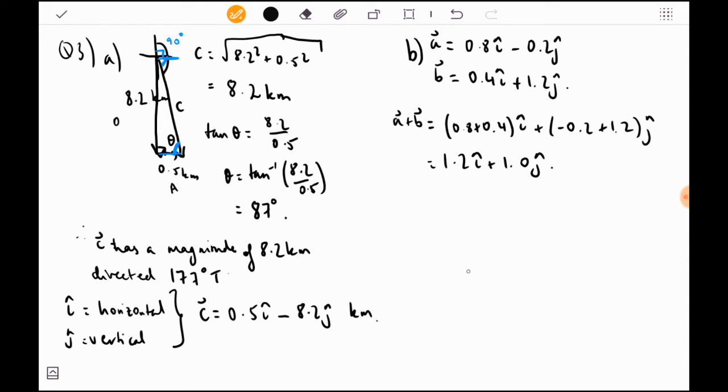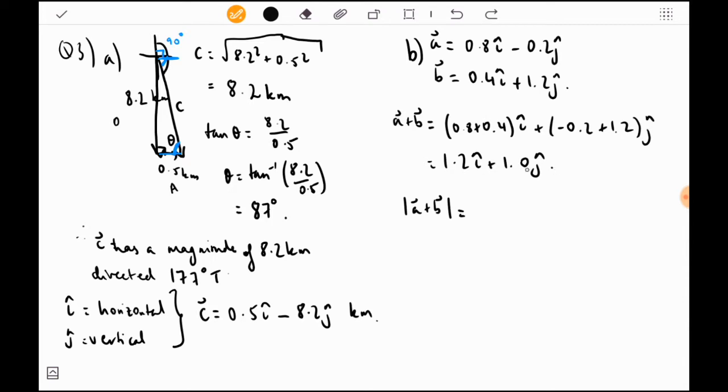Now I want this in magnitude and bearing form. So the magnitude of this vector, if we remember over here, when we drew this diagram with the horizontal component and the vertical component, we can just use Pythagoras to find the magnitude of the resultant.